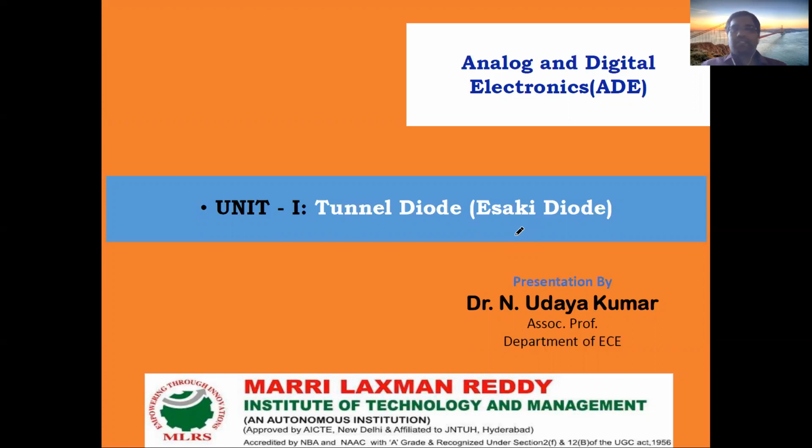Extrinsic semiconductors are of two types: p-type material and n-type material. Based on the doping levels, that material can be used for different purposes.